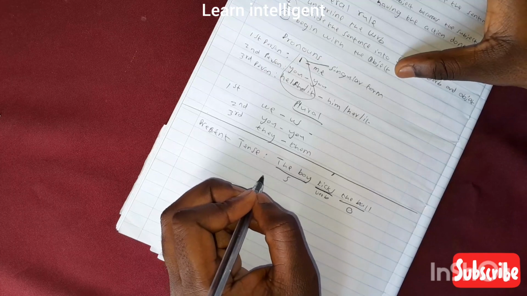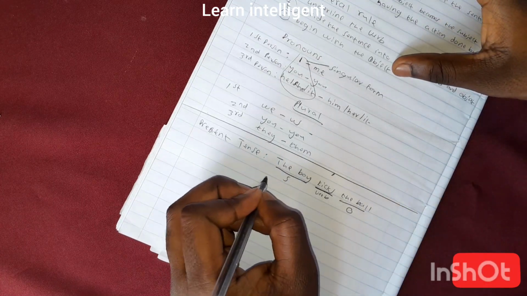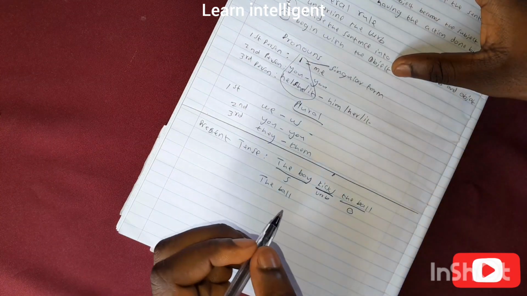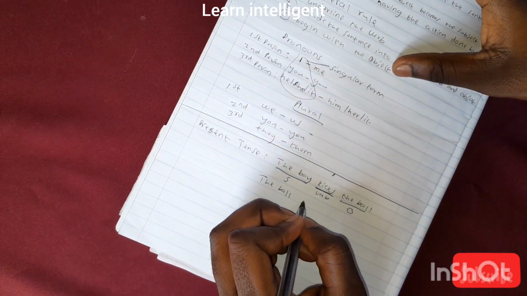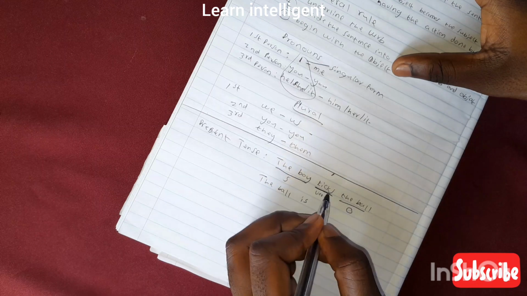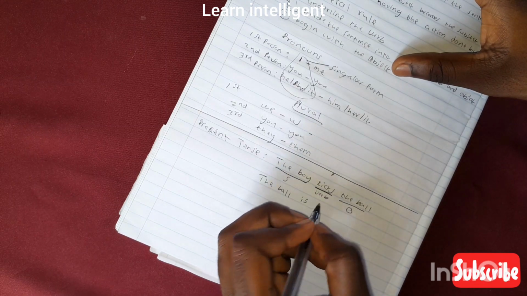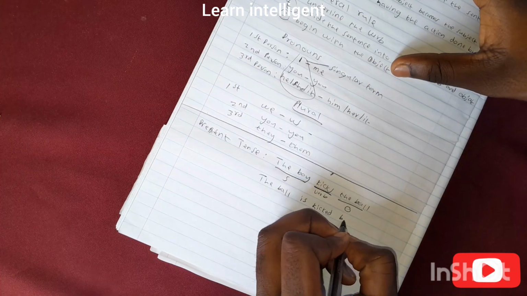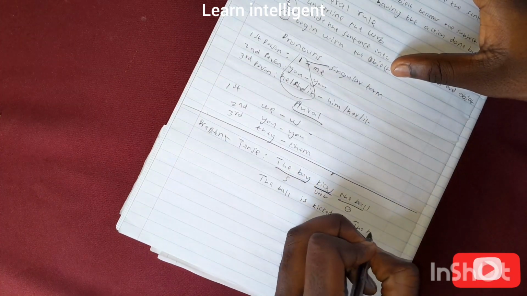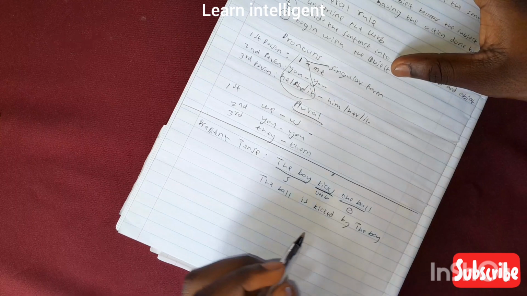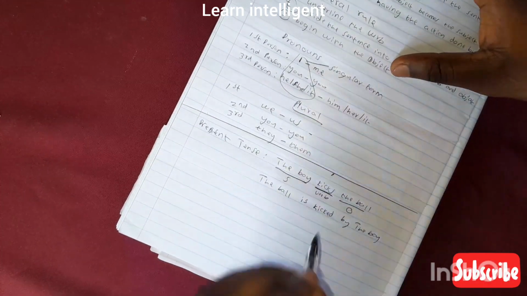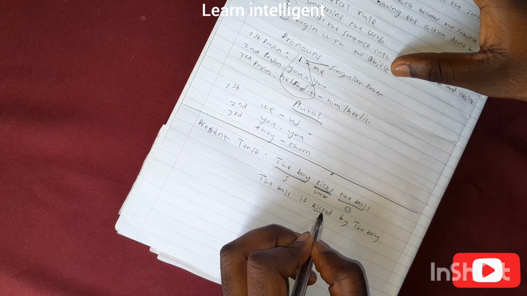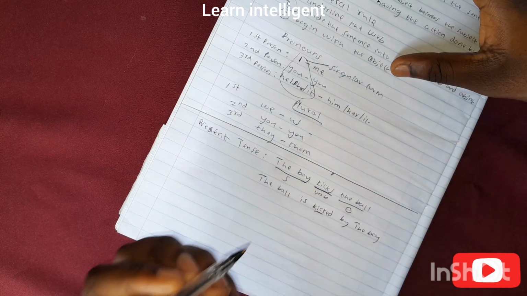We say the ball. Then we have to add is, because our verb is in present tense: is kicked by the boy. Always when you change a sentence from active to passive, your verb must be in past tense.